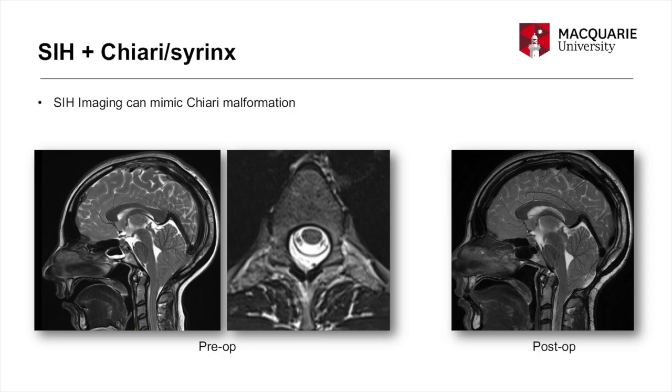This is a young woman who presented with headache. And on the initial imaging, I would challenge any of you to identify features of intracranial hypotension on that. She's young, so the pituitary is relatively large. T2 axial imaging showed what was interpreted as epidural fat. In retrospect, it's actually CSF.